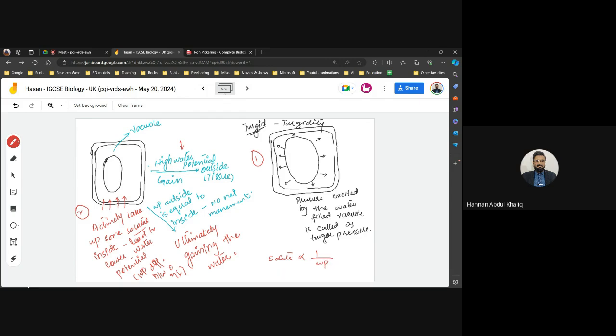The higher the water potential, the lower the amount of solute. But if there is a higher amount of solute, the water potential would be lower. So if the plant cell is taking up some solutes, it is lowering its water potential, which means the water is higher outside, so it would be taking up some. Is it clear now? Yeah.